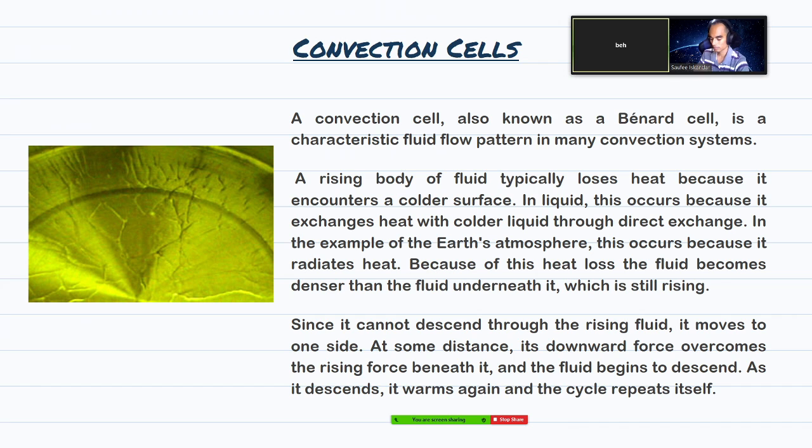In the example of the Earth's atmosphere, this occurs because it radiates heat. Because of this heat loss, the fluid becomes denser than the fluid underneath it, which is still rising. Since it cannot descend through the rising fluid, it moves to one side. At some distance, its downward force overcomes the rising force beneath it, and the fluid begins to descend. As it descends, it warms again and the cycle repeats itself.